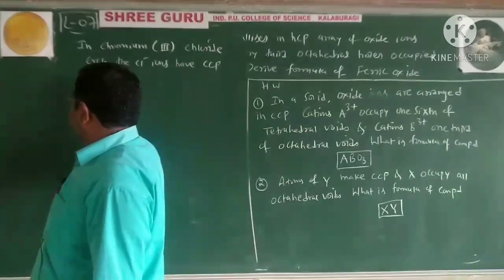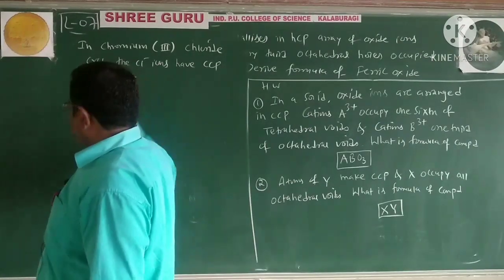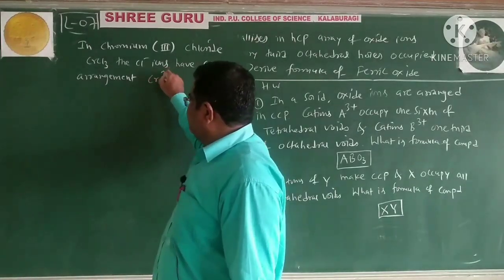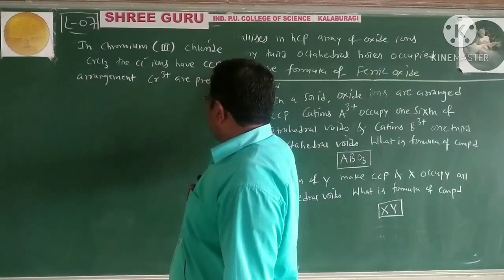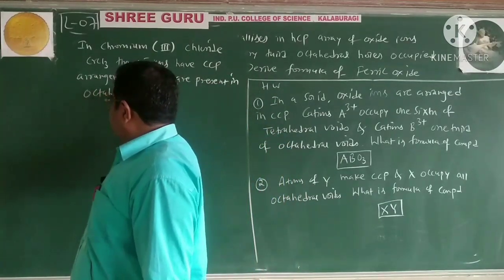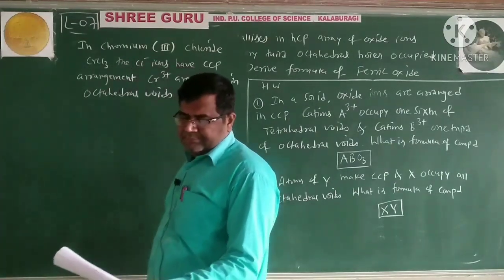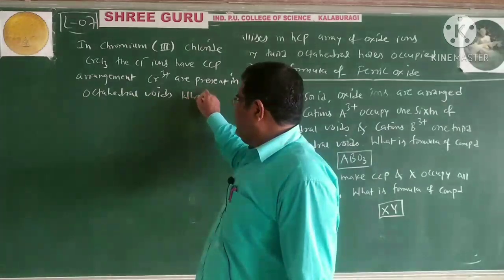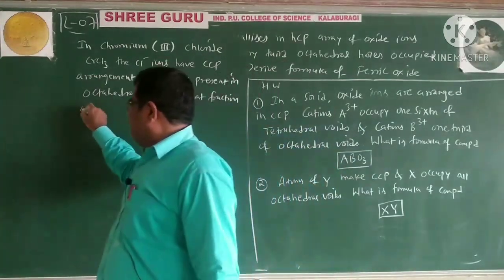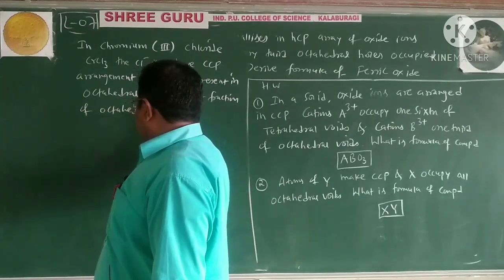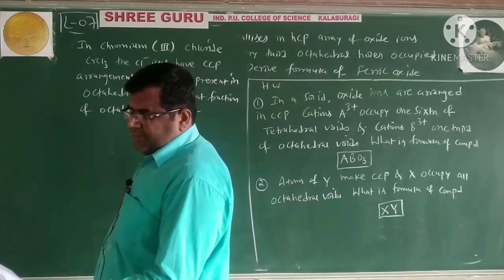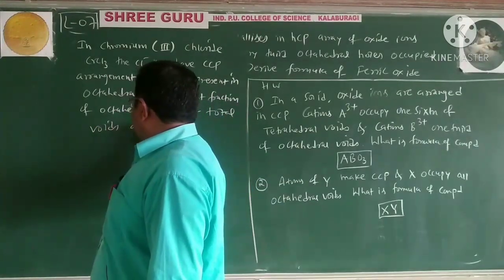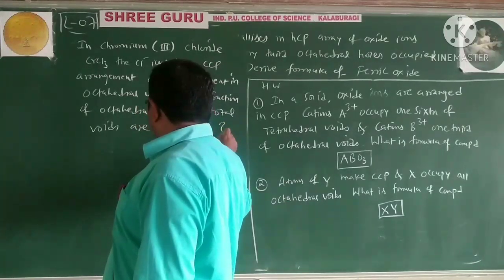Cr+3 are present in octahedral holes. What fraction of octahedral holes and total holes are occupied is the question.